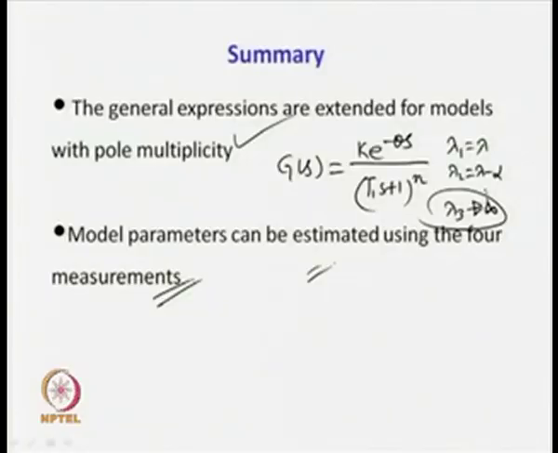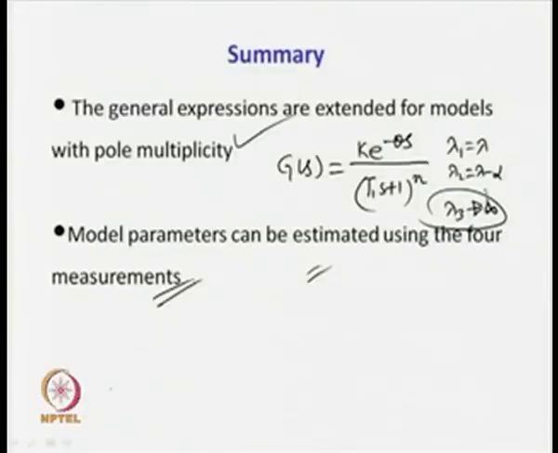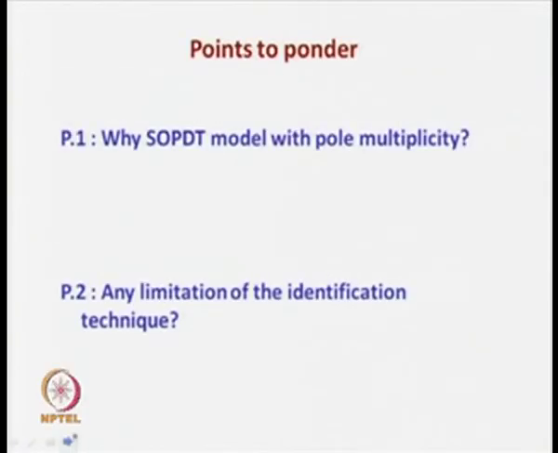The beauty of this is that the same set of powerful analytical expressions, 4 analytical expressions and 4 measurements, can be made use of to identify a number of plant parameters or process model parameters, where the processes can have pole multiplicity. Now, we will go to the questions.